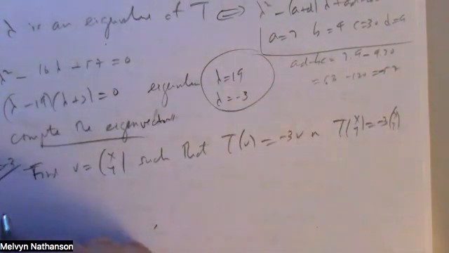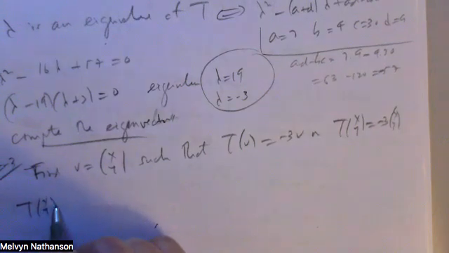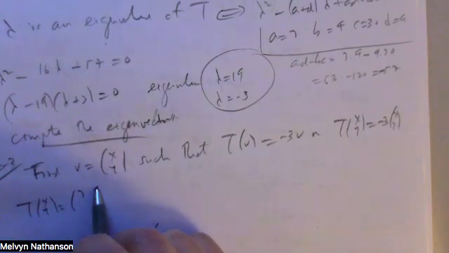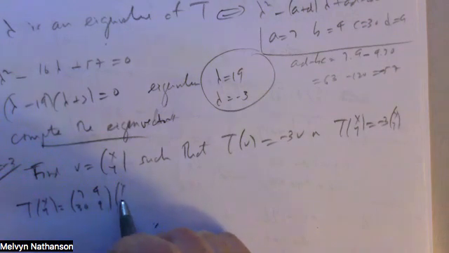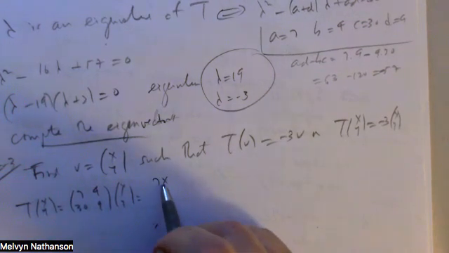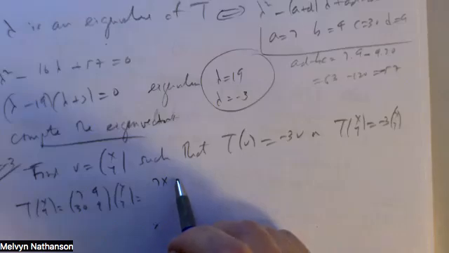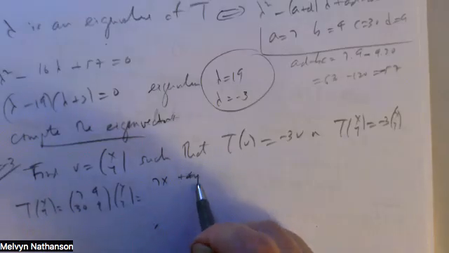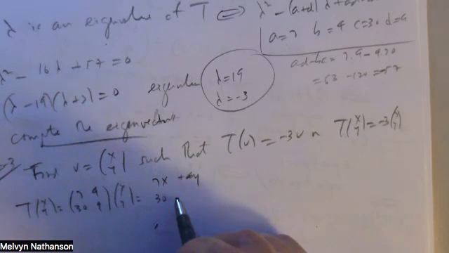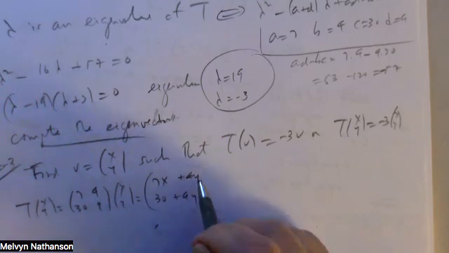What is T of (x, y)? T of (x, y) is 7, 4, 30, 9 times (x, y), which is (7x plus 4y, 30x plus 9y).